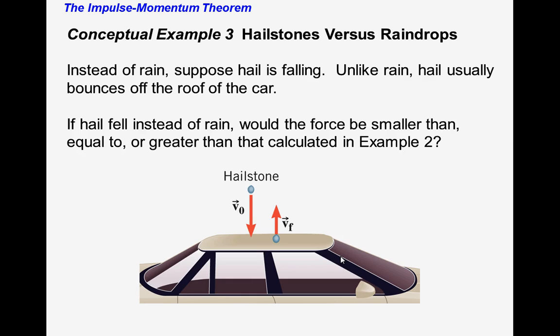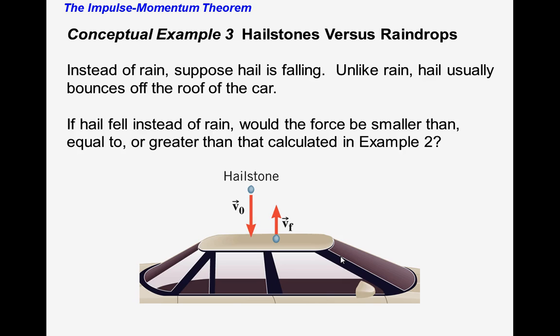So mv final is the final velocity at the roof of 0 minus mv initial. The initial was negative 15, so whatever the mass is times negative 15. So we wind up with a positive value for the change in momentum. The hailstone, the final velocity is positive.